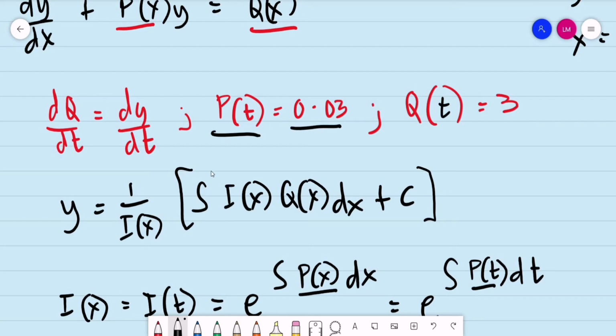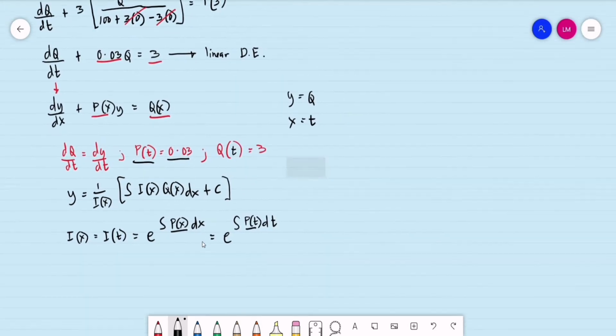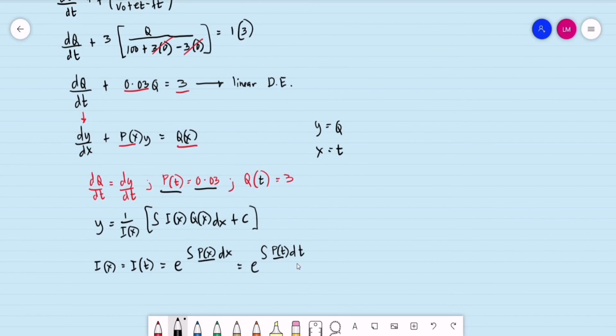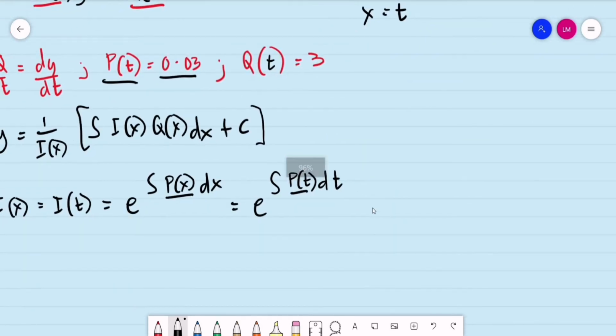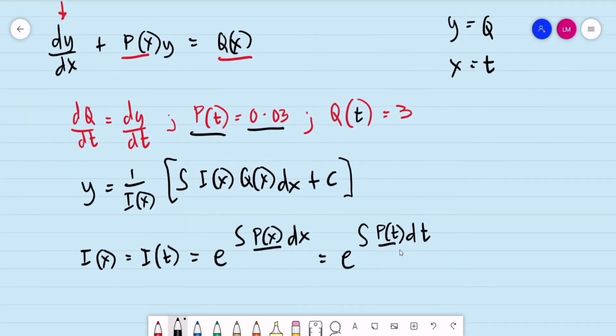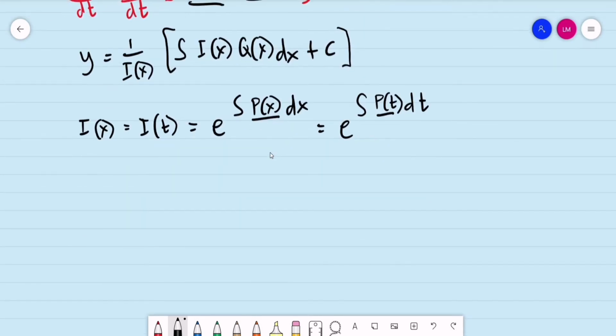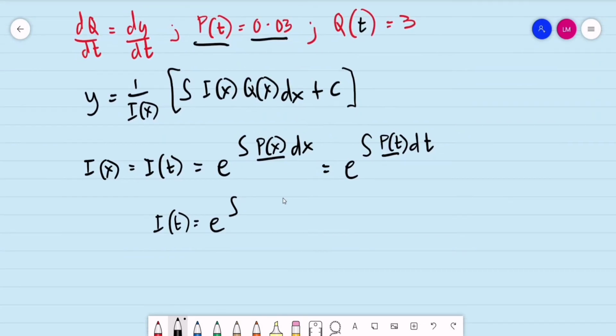So I hope that is clear. We are just using the variables applicable for this example. So what is the equivalent of p of t, which is the same as p of x? Our integrating factor I of t is now equal to e raised to the integral of p of t, that is simply 0.03 dt.